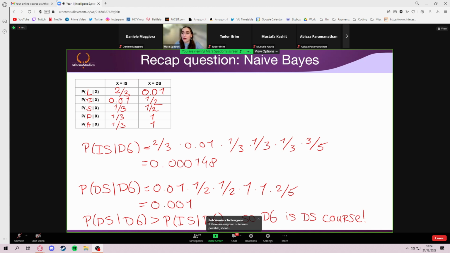If there are only 2 outcomes possible, shouldn't it be equal to 1? Well, this is a conditional probability. So if it would be equal to 1, then you would have something like IS or not IS. Then it would be equal to 1. Because it's the complement of the thing happening, but IS given D6 shouldn't be 1, no. But I meant if they can only talk about two subjects, like IS, it can either be that they're talking about IS or DS.